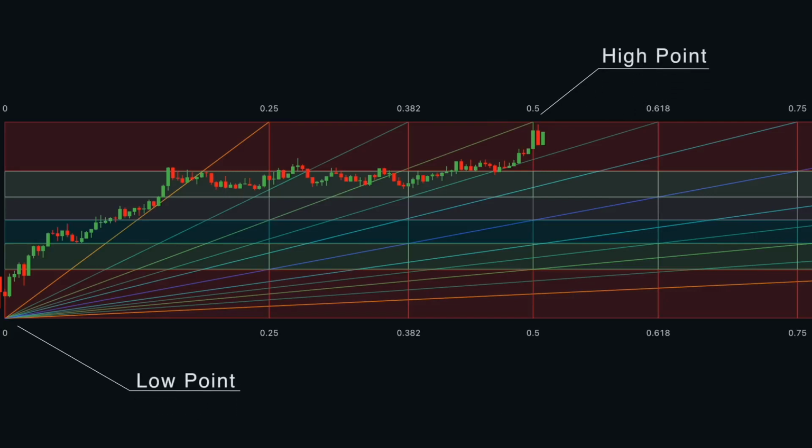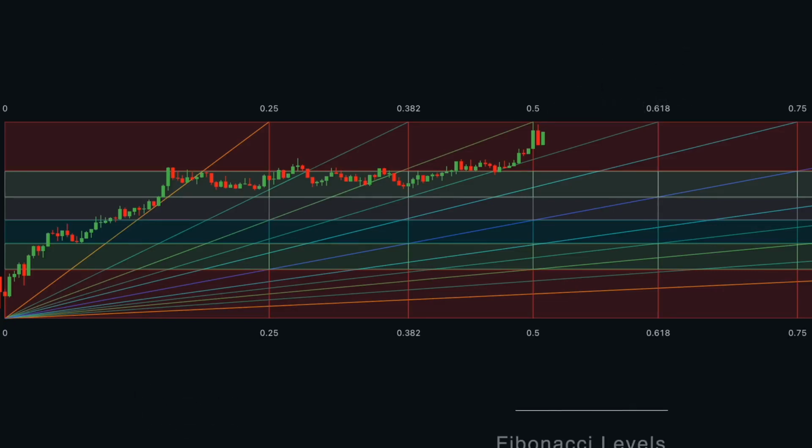The indicator operates by identifying high and low points within a visible range on the chart and drawing a GAN box between these points. The box is divided into segments based on selected percentages, which represent key levels for observing market reactions. It includes options to display labels, a GAN fan, and GAN angles for analysis.